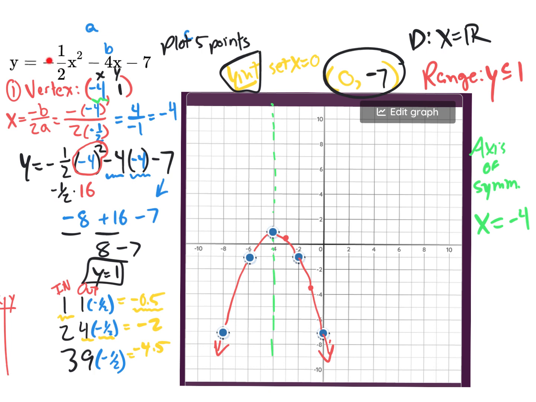Because the a value is negative, you should be able to conclude that it opens down without even seeing it. And you know that makes this the highest y value. So that 1 on the vertex is the highest y value, which means that the range will be y is less than or equal to that 1, the y value of the vertex. Any questions? No? Okay.